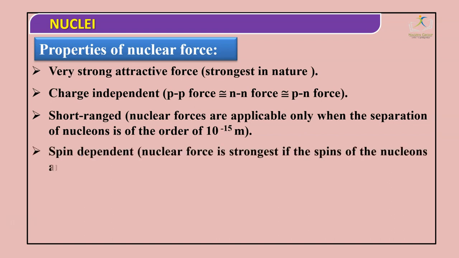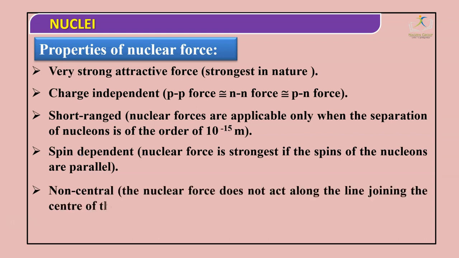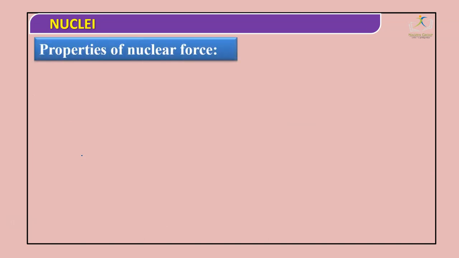Spin dependent: nuclear forces also depend on spin, and are strongest if the spins of the nucleons are parallel. Non-central: nuclear forces do not act along the line joining the centers of the nucleons. Non-electrical, non-gravitational.